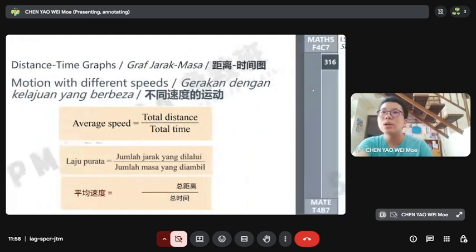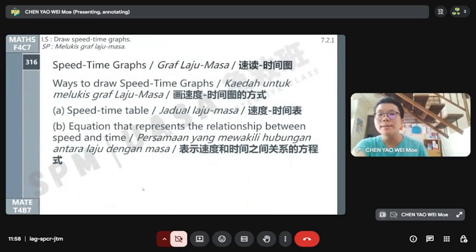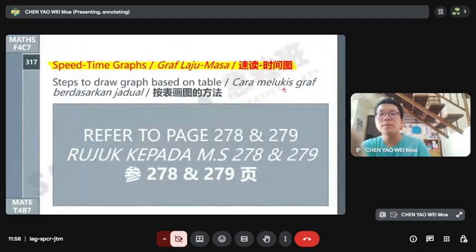Next, we go to speed time graph. Always remember, for distance time graph, the gradient is speed. Speed time graph, the gradient is acceleration. Bagus sangat. We have two ways to draw the graphs. Still the same thing, by table, by equation. We can refer to before.